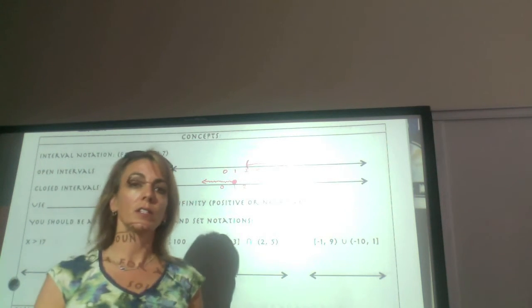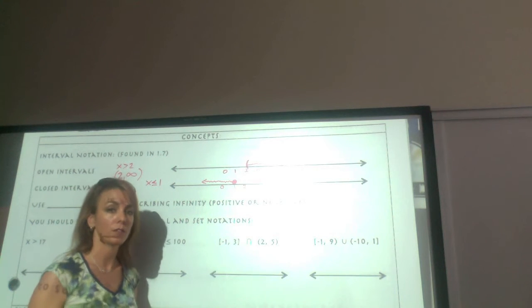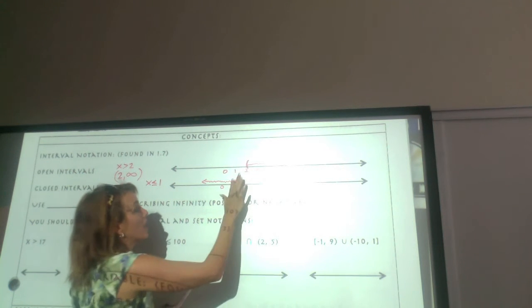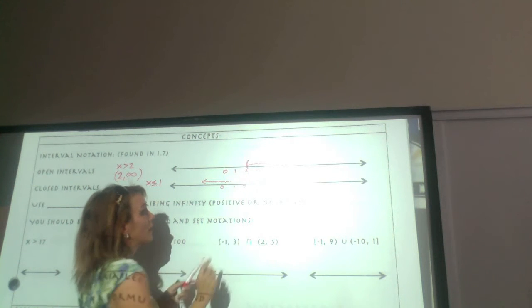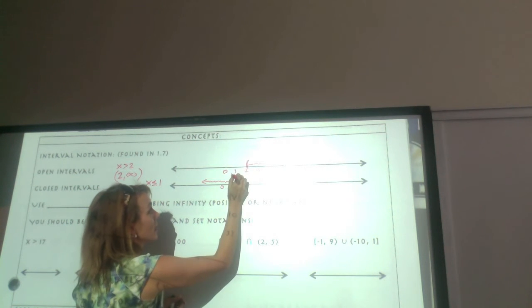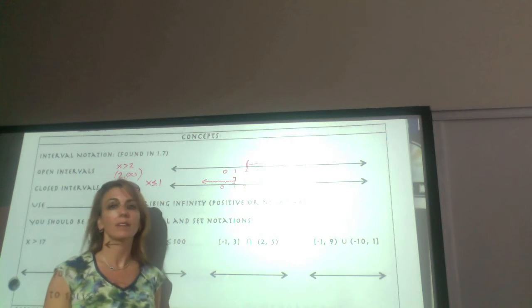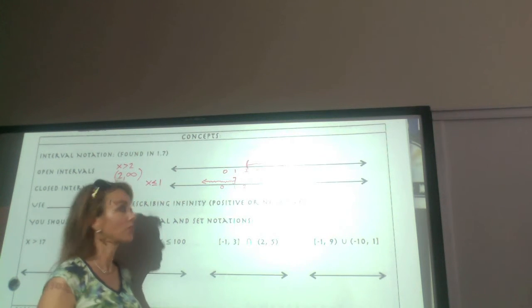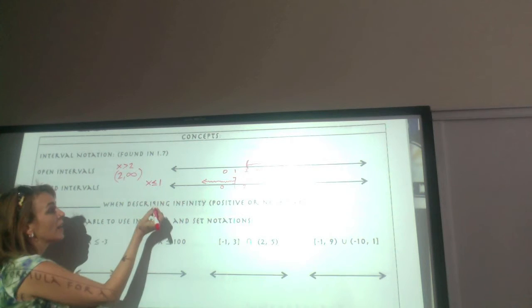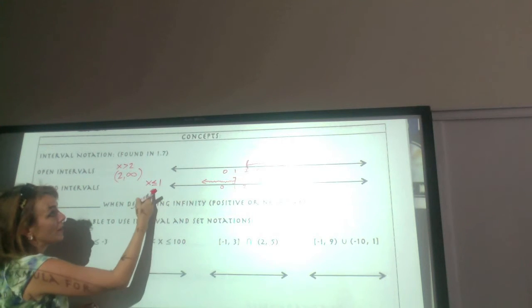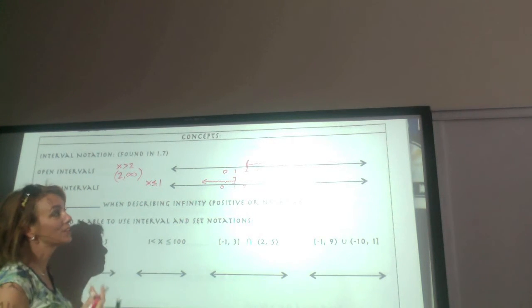The only change here is a little bit of a notational change. Instead of that closed circle, we're going to use a square bracket instead. And it does the exact same thing as that closed circle.